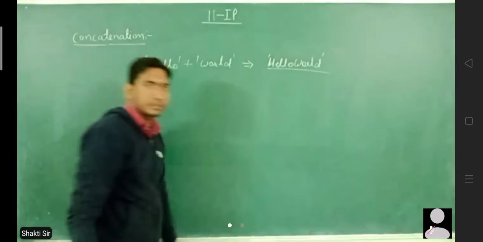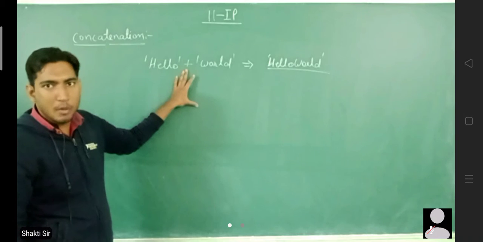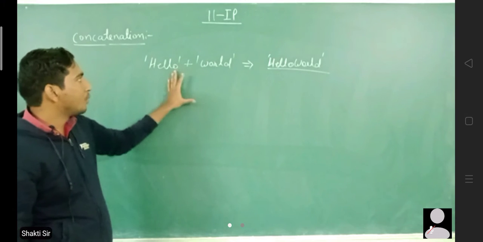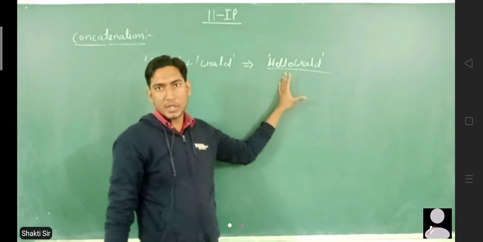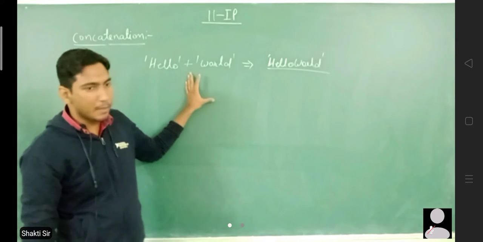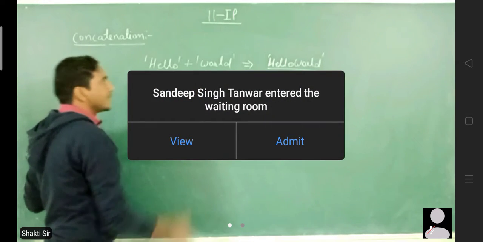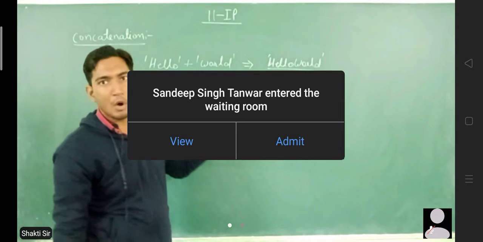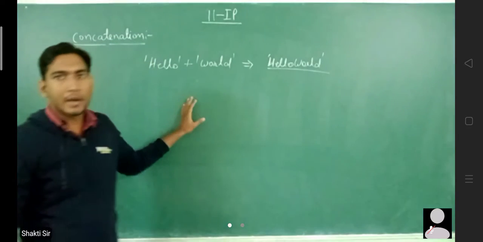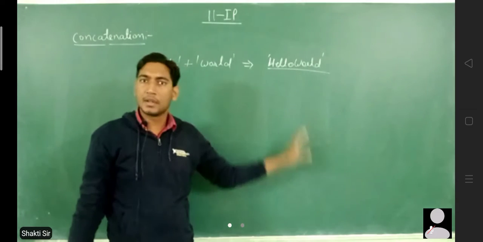So basically if we are using a plus operator and both the operands are strings, then both the strings concatenate to each other one after the other. So the plus operator works as a concatenation operator, and both the strings are concatenated one after the other.